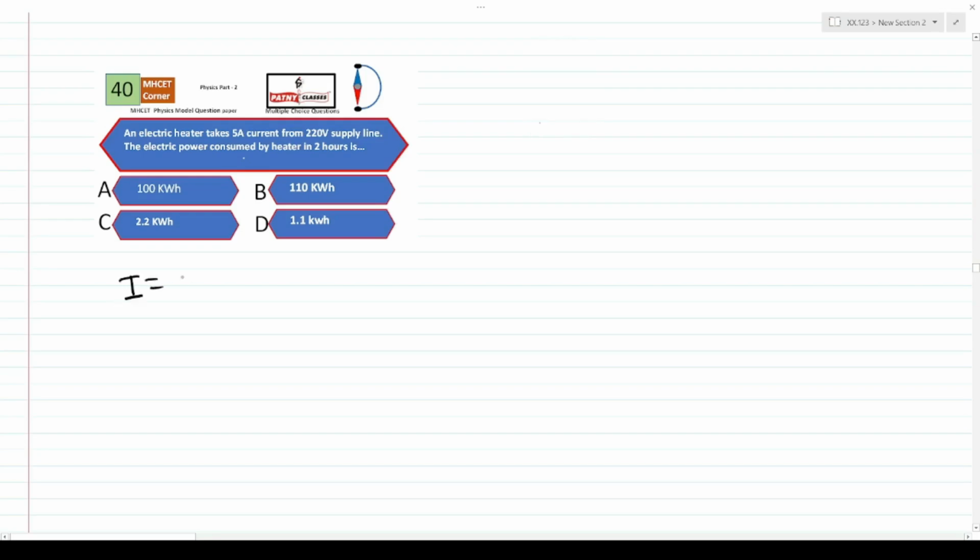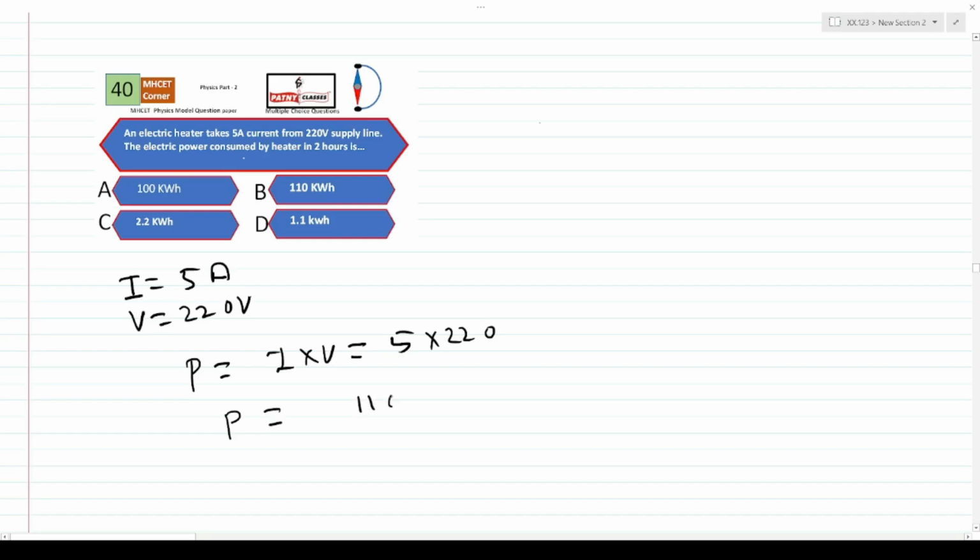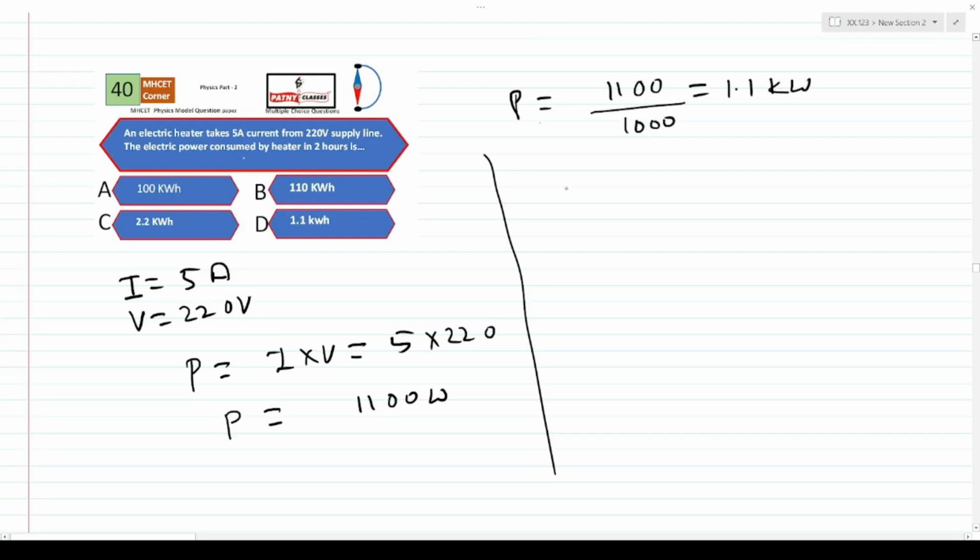Solution. Current is 5 amperes and supply voltage 220 volts. Power equals the product of current and voltage, so that is 5 into 220, so P equals 1100 watts. Now converting into kilowatts, 1100 divided by 1000, that equals 1.1 kilowatts.